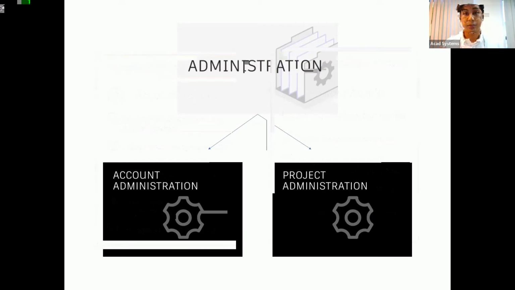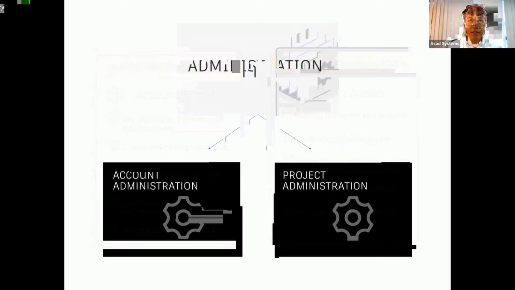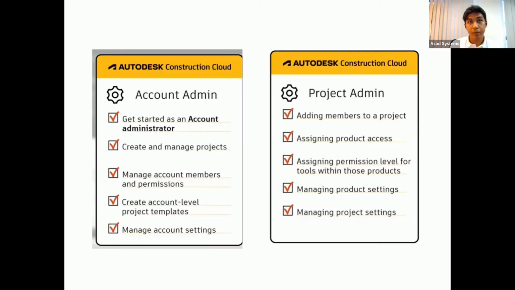Okay, so I would say the workflow is usually, when you purchase ACC, you will be assigned as the account admin, and then you will create a project. The project admin also can create a project.